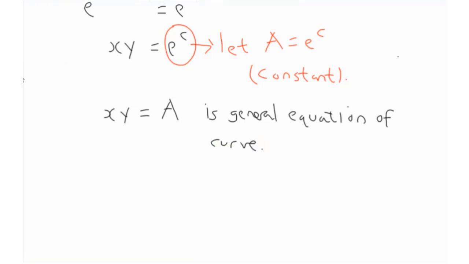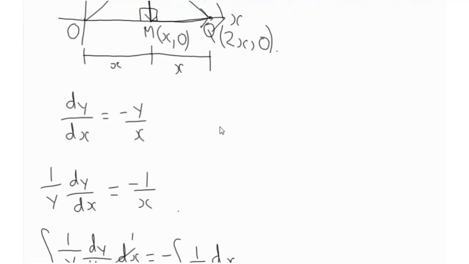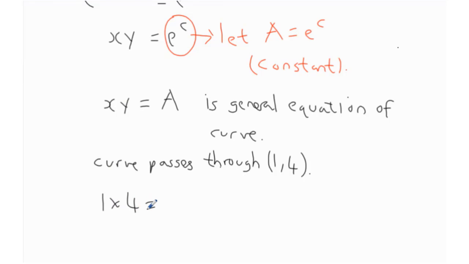So once you've got the general solution, you can now use these initial values to find a particular solution. So we know that the curve passes through 1, 4. So basically 1 times 4 equals A, which means that A equals 4.